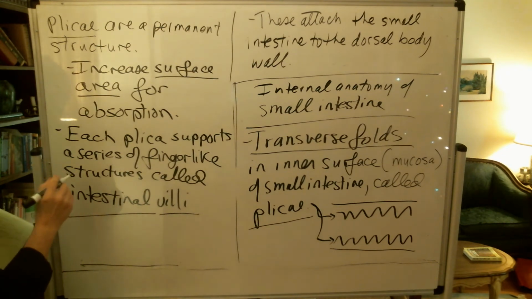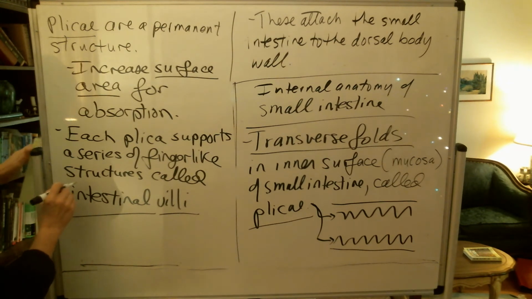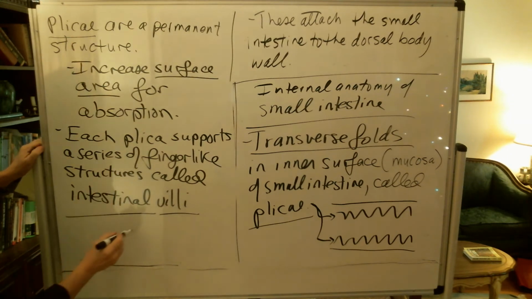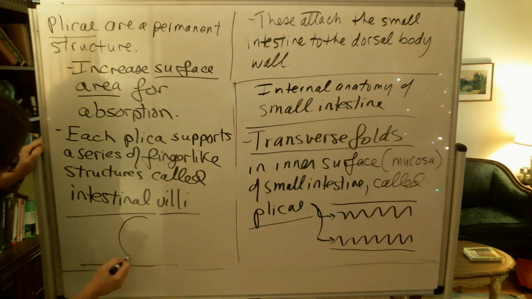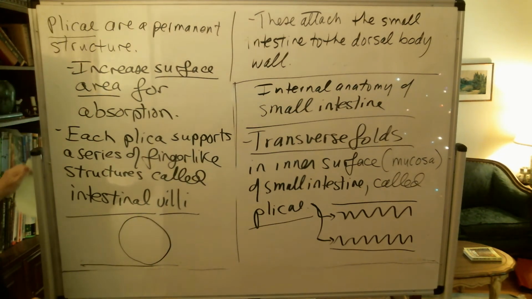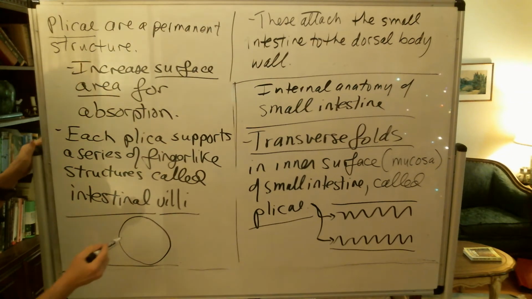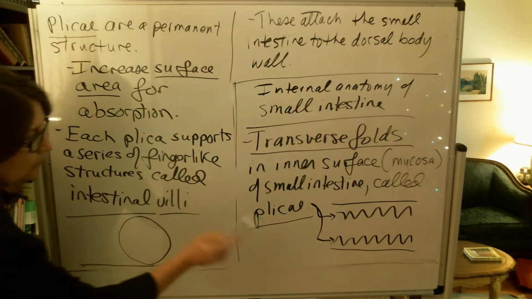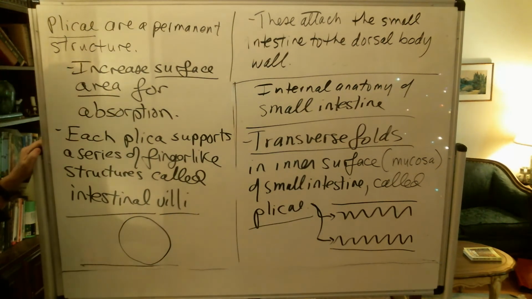We have these projections. I could easily, instead of structure, have said projections, but here's what I'm getting at. Here we are going to look at a cross section of the small intestine. There's the outer wall. Now, we've already talked about plicae.